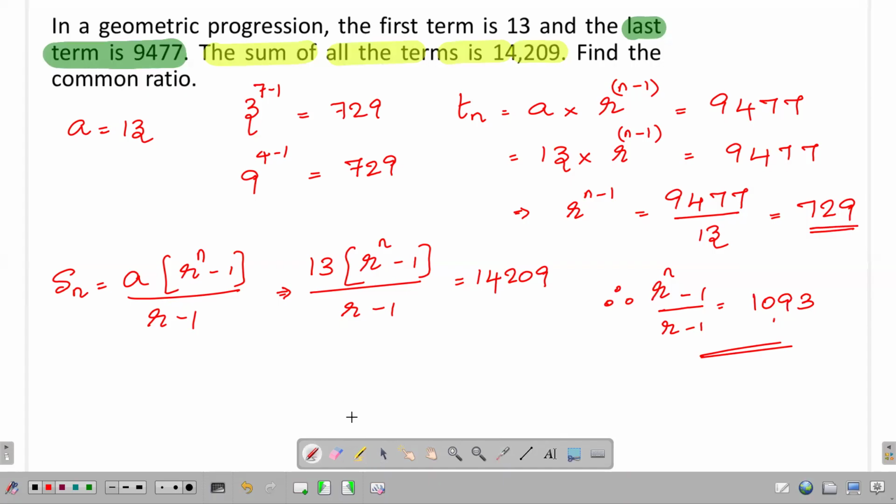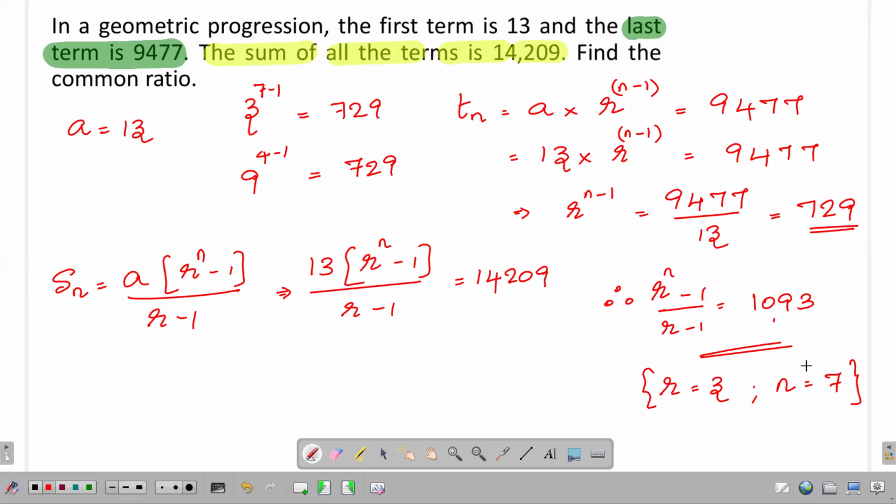Okay, so on closer observation, I can see that r is equal to 3 and n is equal to 7. It will actually work in both the instances. If you want to check, you can do that. R is equal to 3, n is equal to 7.